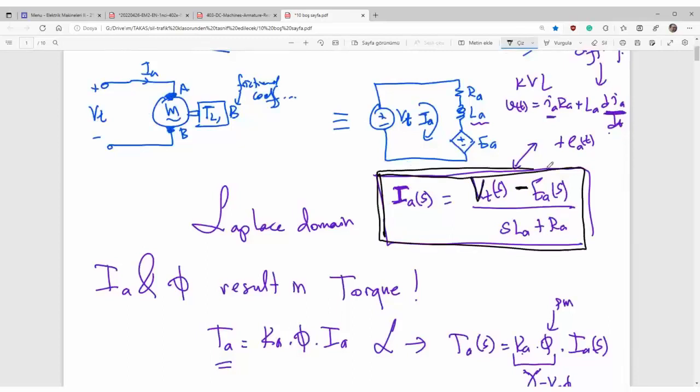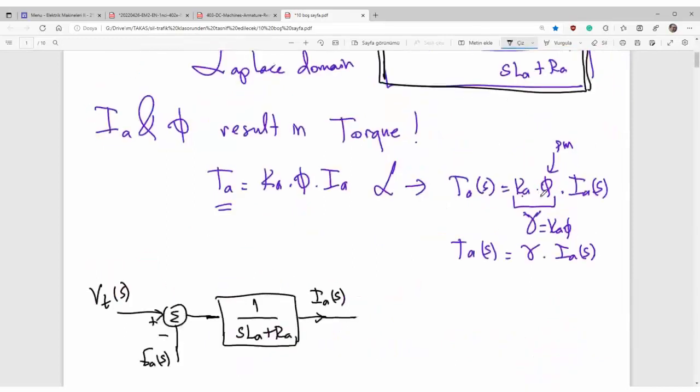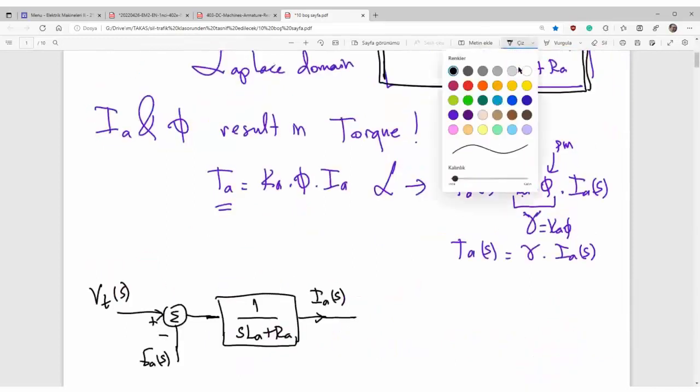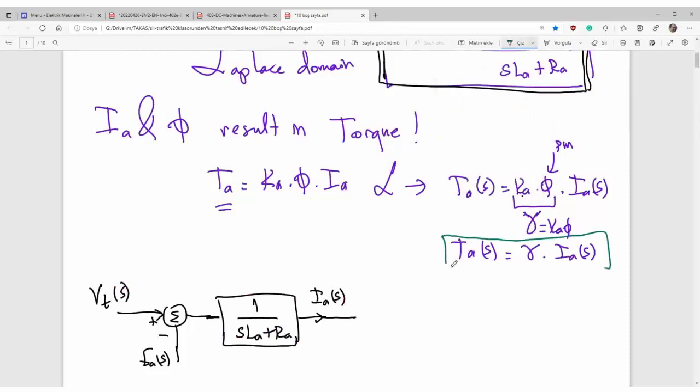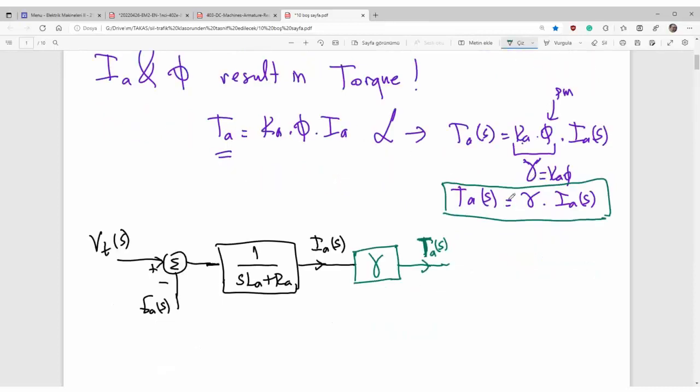Let me change color. The second one: if you multiply the current by a simple parameter, which is gamma, you will have the induced torque in Laplace domain. And then here was flux inside.